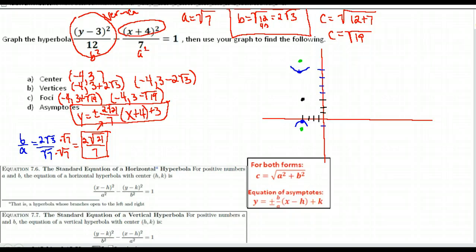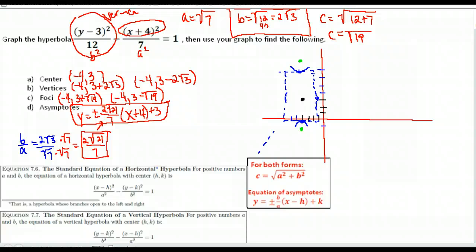To form our asymptotes, again, this is just the way that I typically teach this. You form a box with your vertices, and the a value is the square root of 7, which is about 2.6. So I'm going to go about 2.6 and make a mark to the left of the center, and 2.6, make a mark to the right, and form that guide box for my asymptotes.